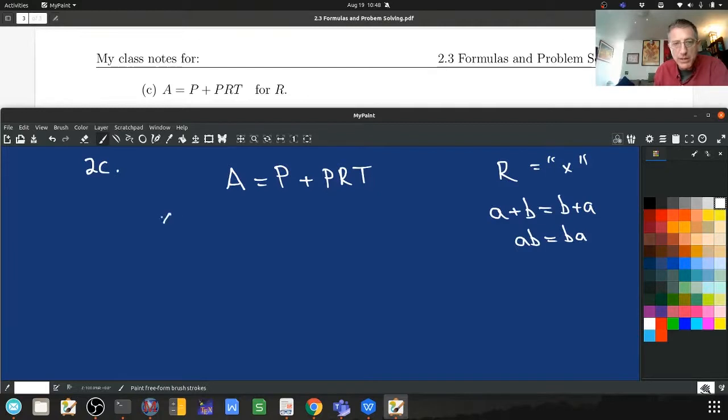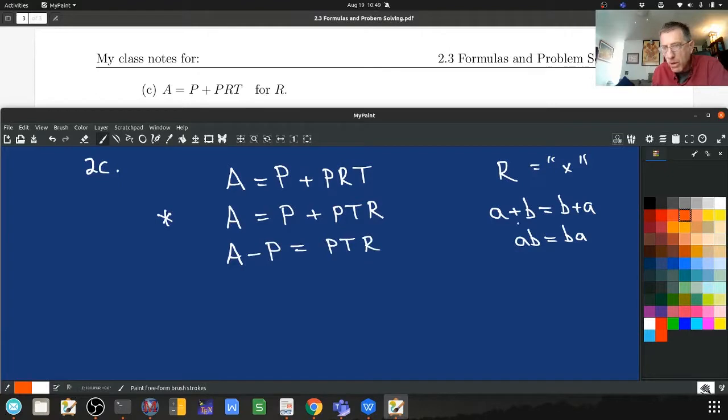So if you wanted to, you could rewrite this as P times T times R. Because it doesn't matter, this is P times R times T, which is the same as P times T times R. And sometimes it's just nice to have our variable be the last one in the line, right? At any rate, I'm going to go ahead and move this P term over so I can isolate the term that has our variable.